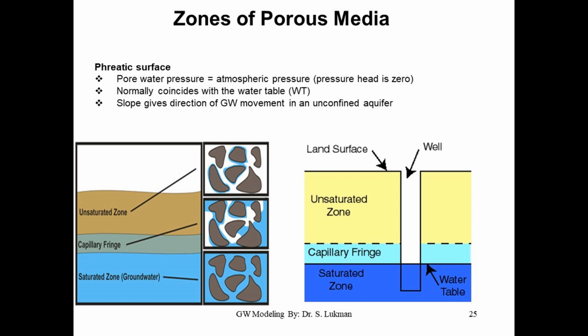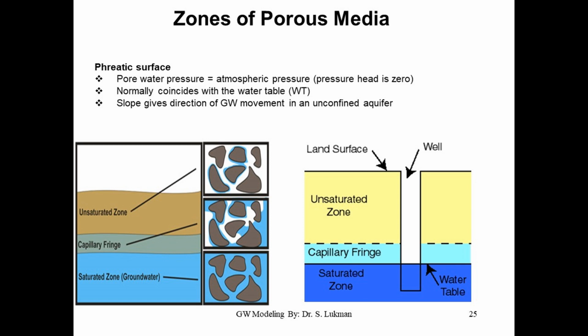I was only trying to explain this: the pore water pressure equals atmospheric pressure at the phreatic surface, and it normally coincides with the water table. Why do we say normally? It means not all the time. I told you that the capillary fringe is almost saturated, isn't it?